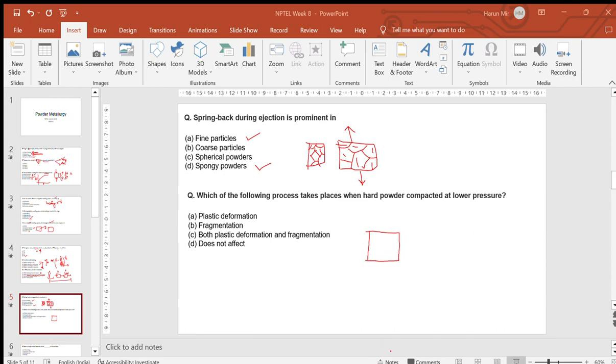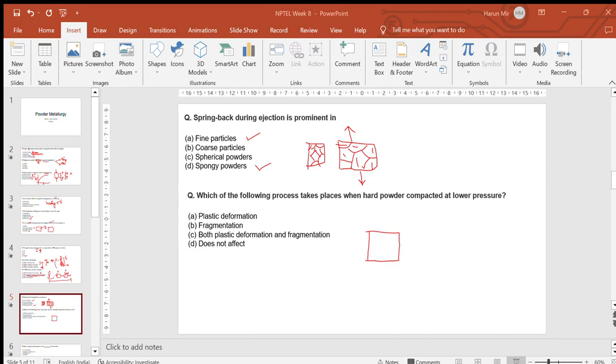The volume of your cylinder is pi r square h, or you can also write pi d square by 4 into L. And the volume of your rectangle is length into breadth into height.